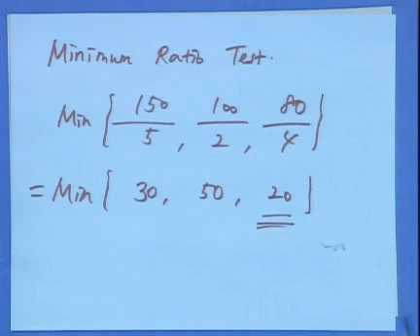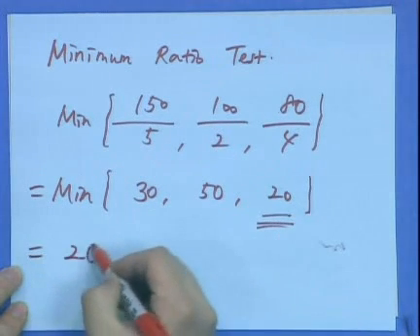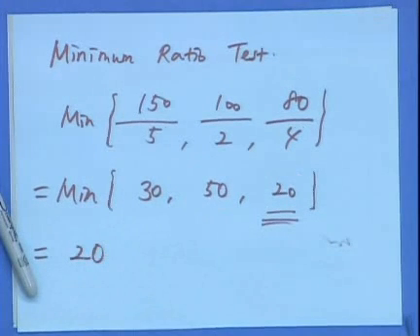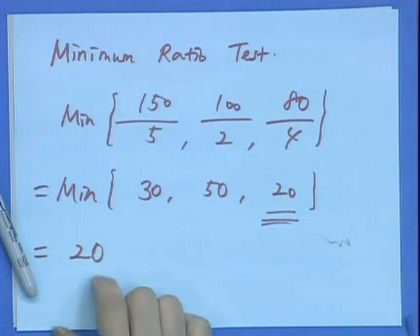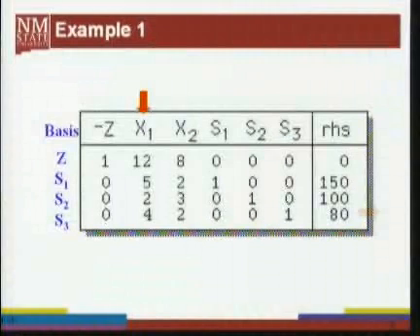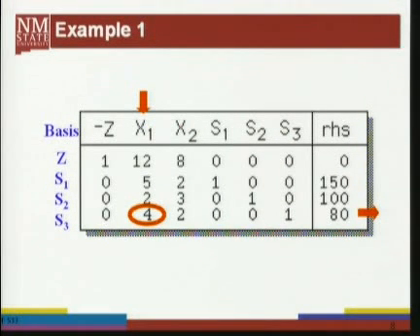So 20 is the minimum value. So the minimum occurs at 20, right? Which means as we increase x1 from 0, the first block occurs at 20, right? Where the corresponding variable, which is s3, becomes 0, right? Which means s3 should leave the basis in the next iteration. Is that right?